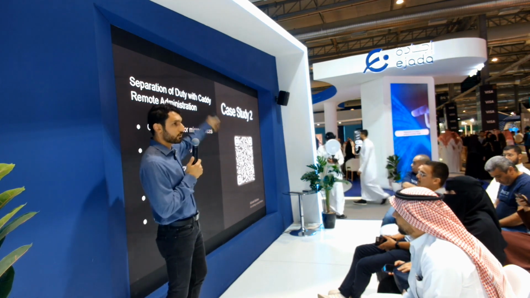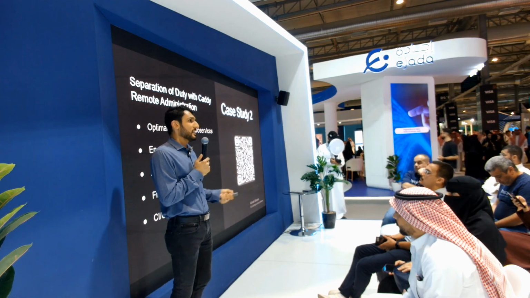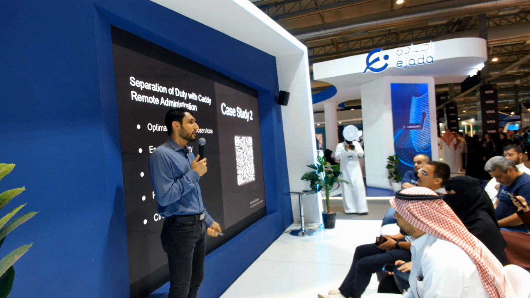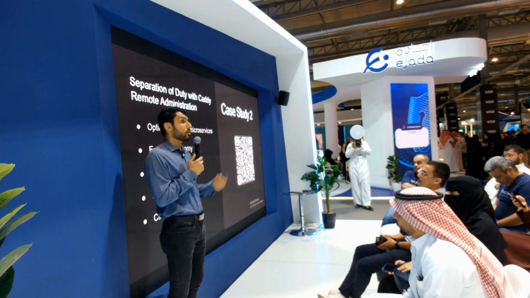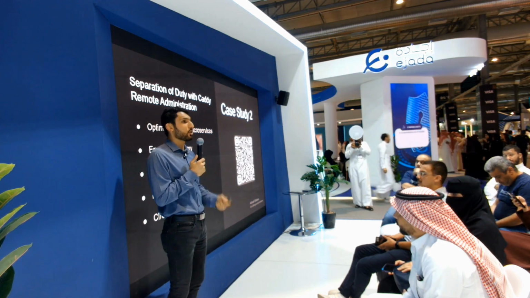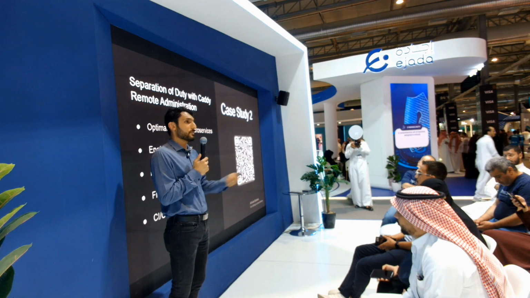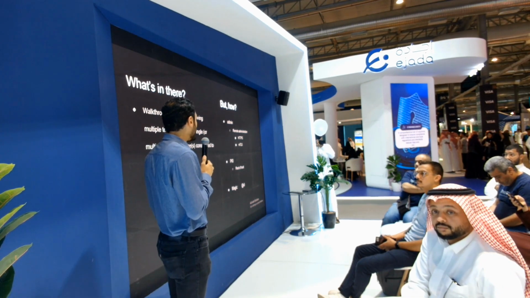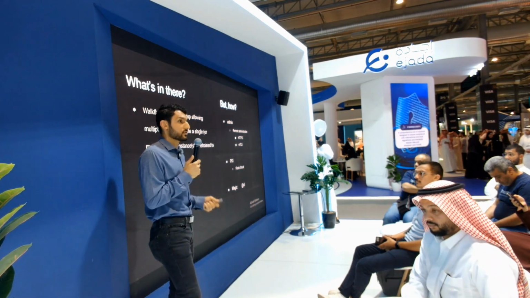They cannot interfere with the others. And this means you can give every team autonomy over their microservice without having to worry or overload the sole system admin who will be managing Caddy. They can manage everything else. And this, again, was done just with plain Caddy. I did not have to use any plugins for that.